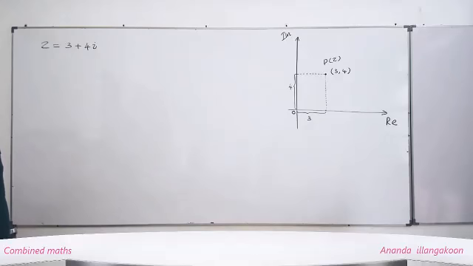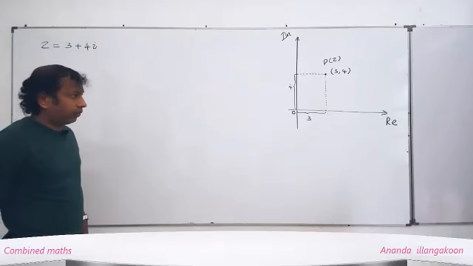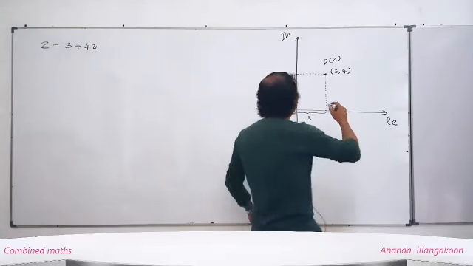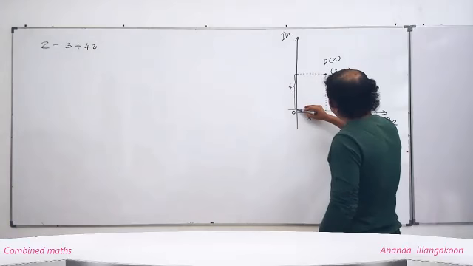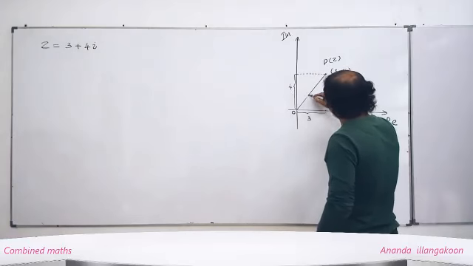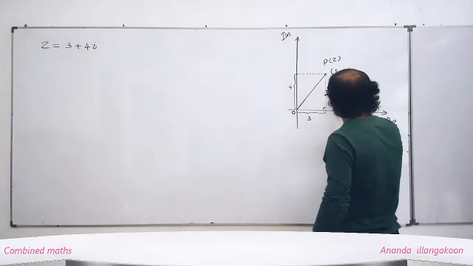Right. Now we come to the next one. When I join this O and P, the OP line, this is 4 units now.